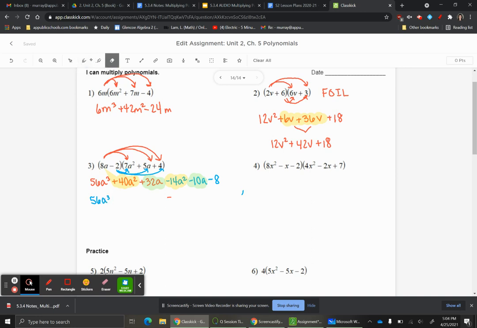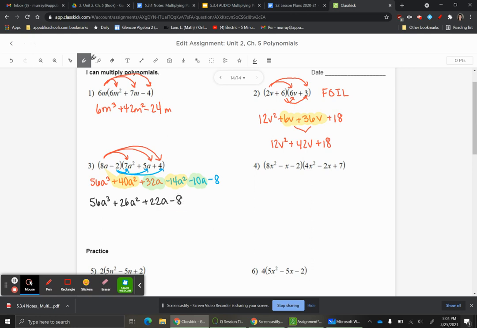And actually, let me change that color just so that we know that it's our final answer. So 56a to the third. And then we have this a squared and a squared, so that's going to give us a positive 26a squared. A and a will give us a positive 22a. And then a negative 8 to end with.